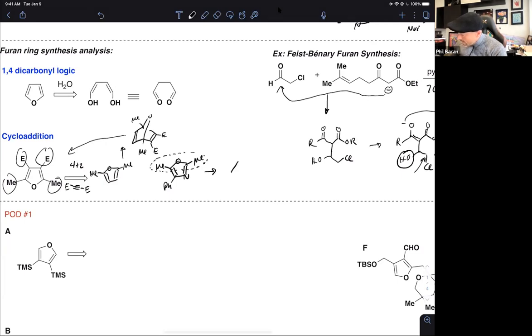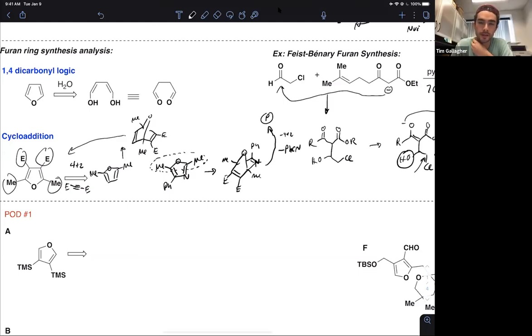And the product we get results after a loss of benzonitrile.